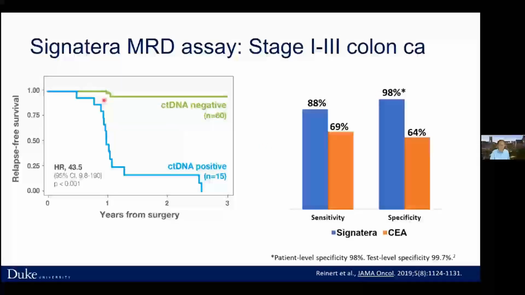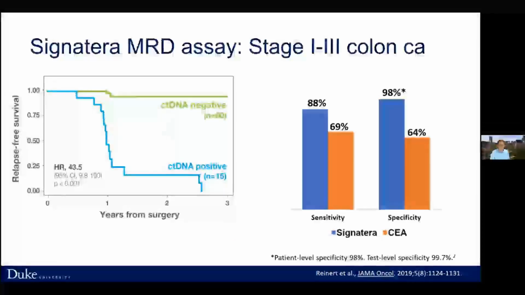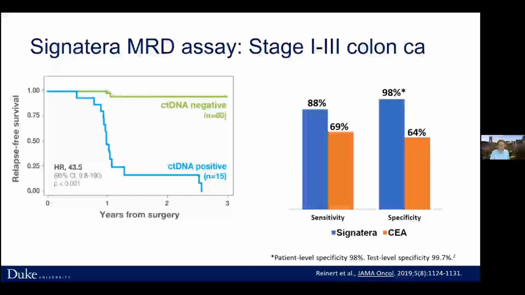So for patients who remain ctDNA negative over the long haul, over 3 years, excellent relapse-free survival, nearly 100%. For ctDNA positive, nearly all the patients recur, 43-fold risk of recurrence. So I think it's a question of when, not if, this disease will return.